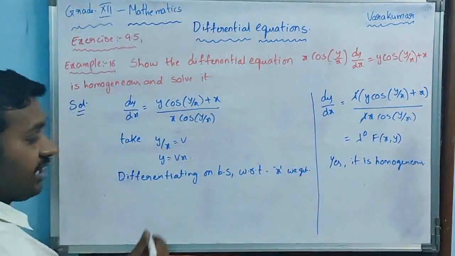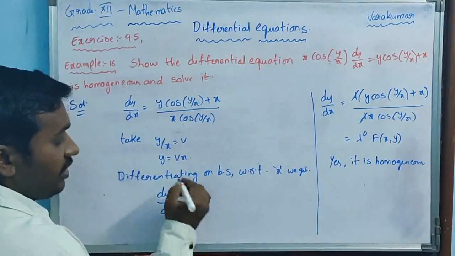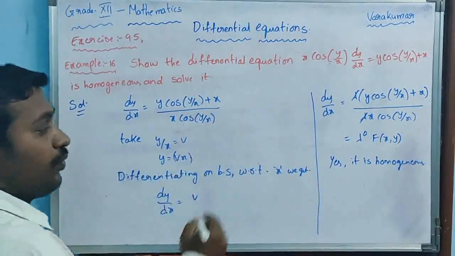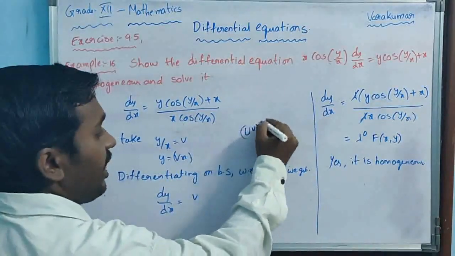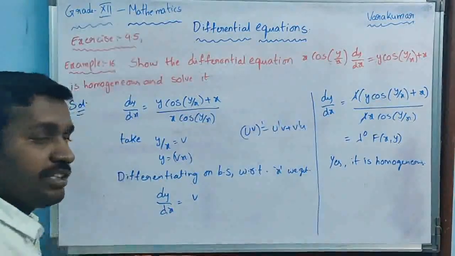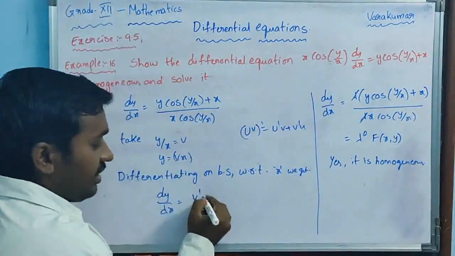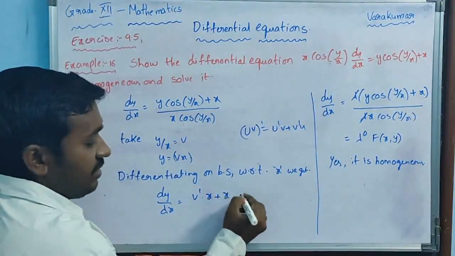With respect to x, we get dy/dx equal to v... this is the product formula, u v' plus v u'. So we get v times 1 plus x times dv/dx.